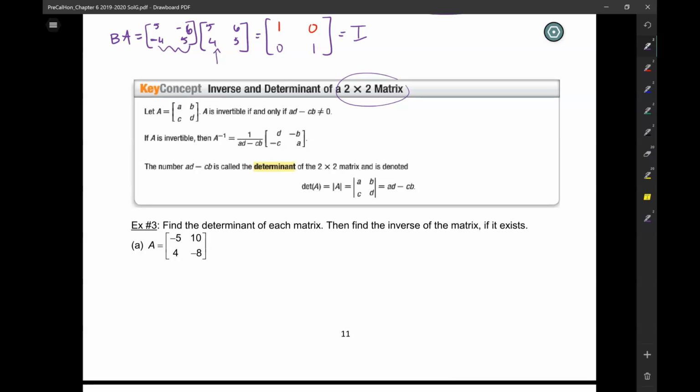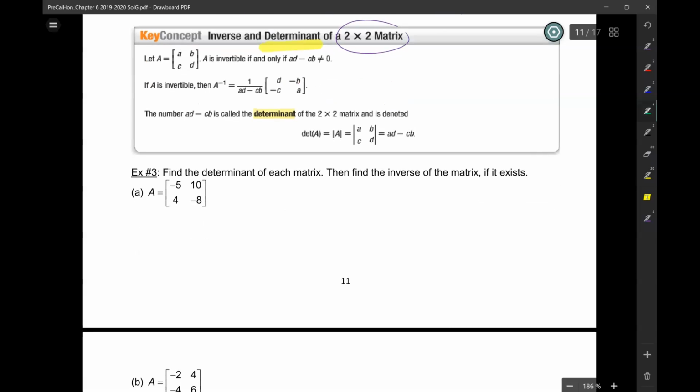First, matrices have a quantity called the determinant. The determinant is a number unique to each matrix, and later on when you do applications, you'll see where it comes in handy. But let's first figure out how to find the determinant.